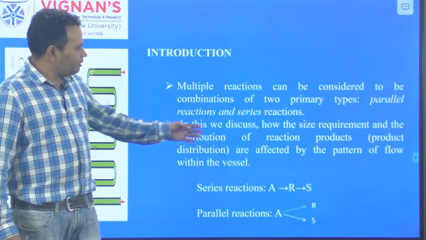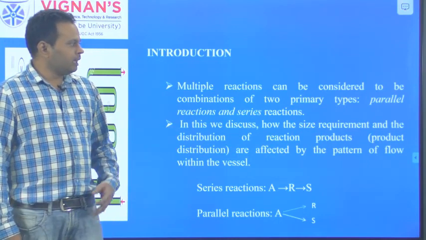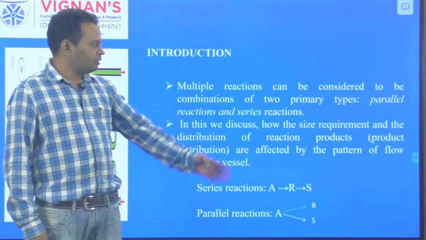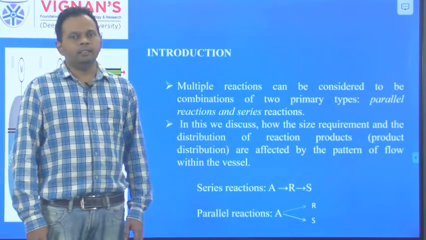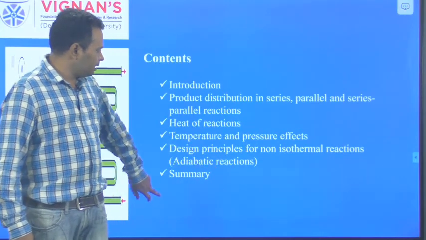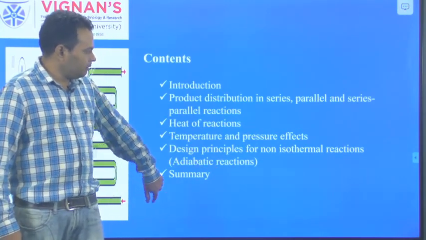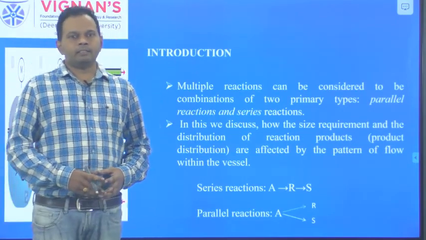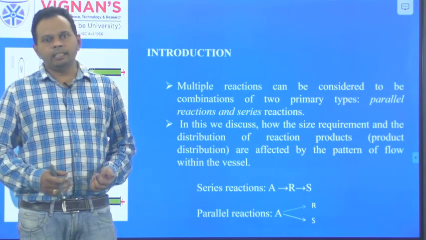In this, we are going to discuss the size requirement, that is, the volume of the reactor required, and the product distribution. The distribution of products within multiple reactions is affected by the patterns of the reactants within the vessel. So when you vary the contacting flow patterns of the reactants within the reactor, we can vary the product distribution.